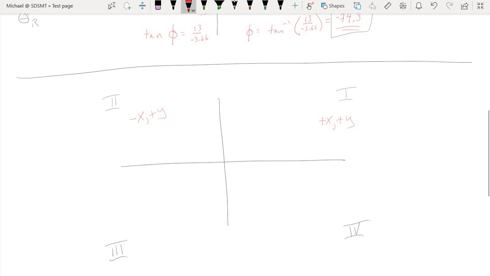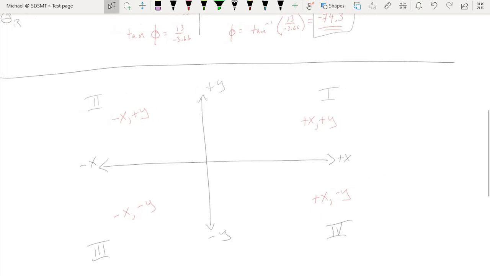For any vector in the second quadrant, you're always going to have a negative x component and a positive y component. Oops, that should be negative. For third quadrant, both of your components are always going to be negative. And for fourth quadrant, you'll have a positive x and a negative y component.